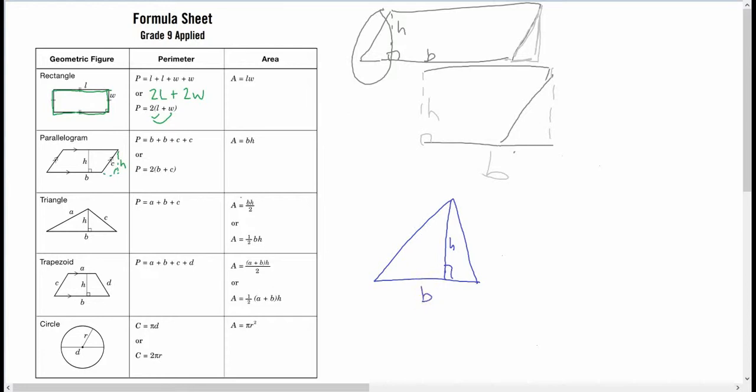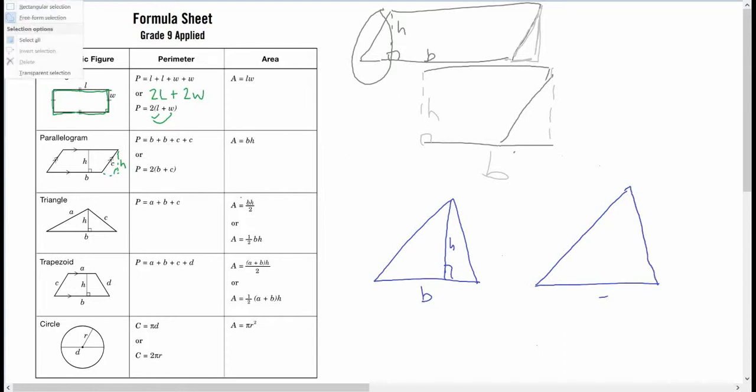So if you think about it, we could take this triangle, and if we had two of them, if we had another one of these triangles, we could take it. Let's see how well I can use the tools here in Paint to do this.